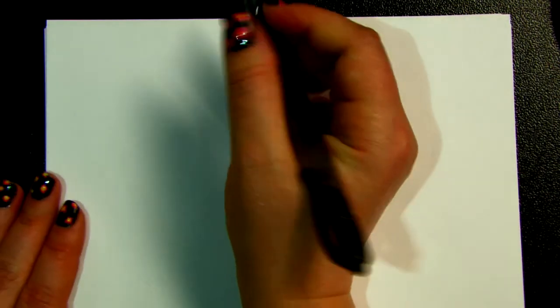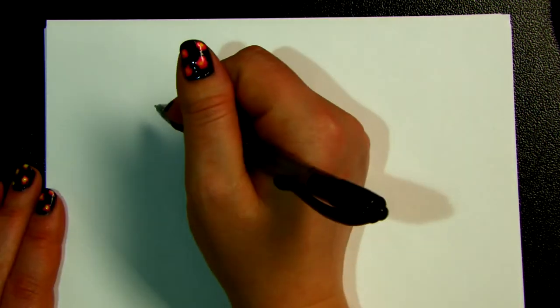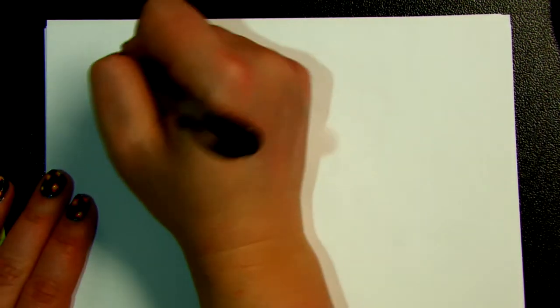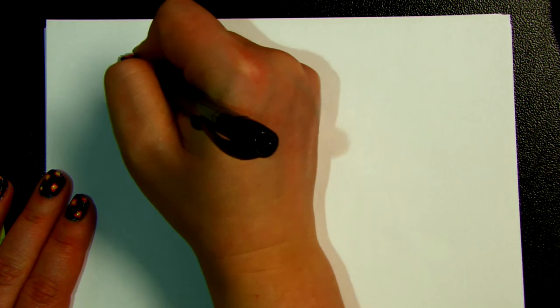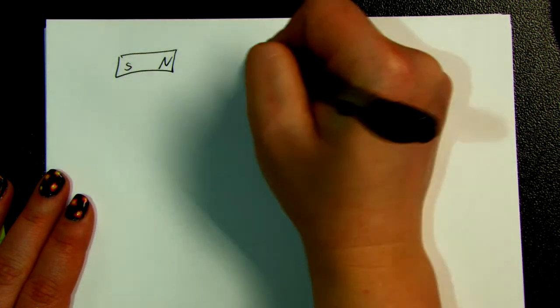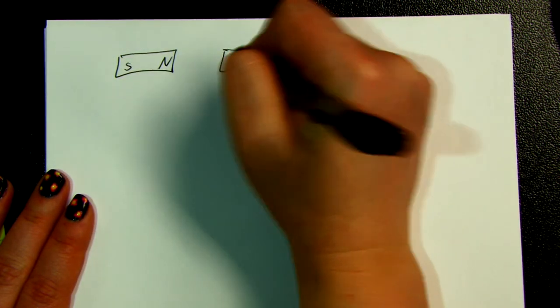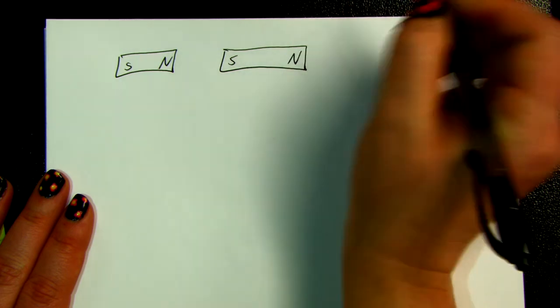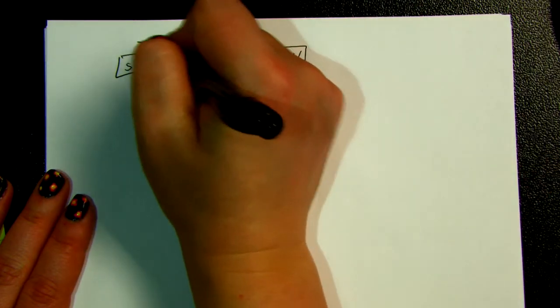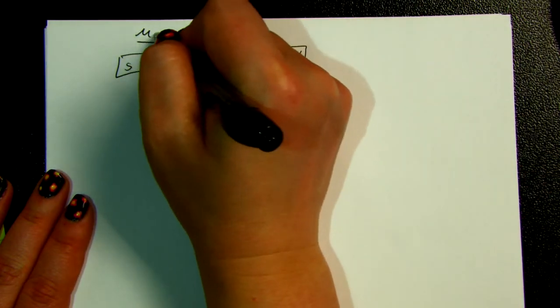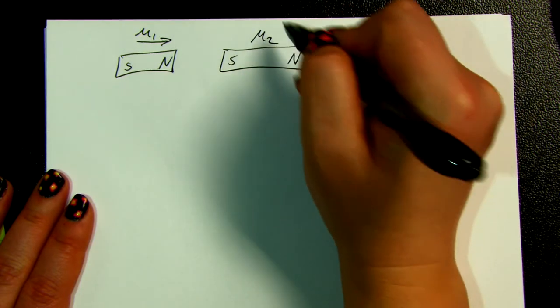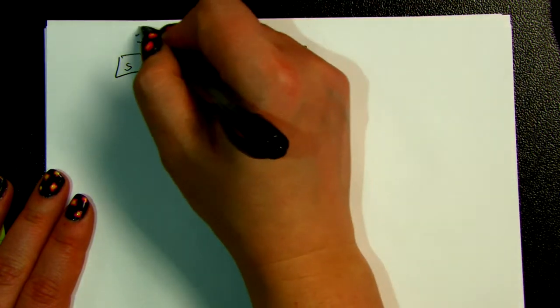All right, so we can use this result to calculate the force of one bar magnet on another. So we have two bar magnets, south, north, and south, north. So we have mu1, mu2. These are vectors.